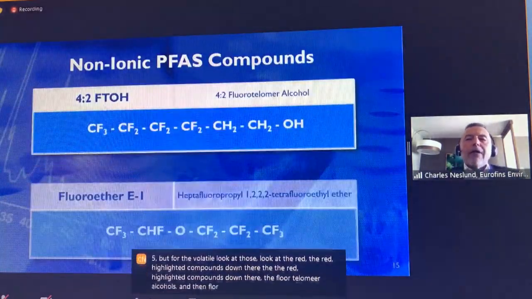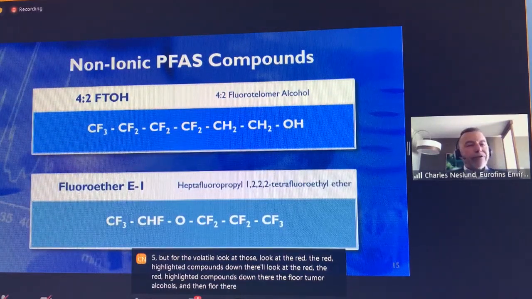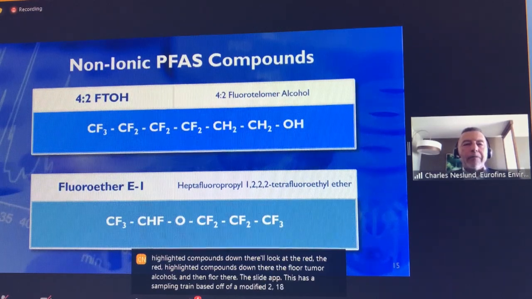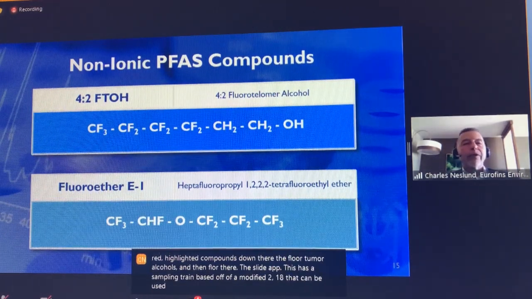The slide after this has a sampling train based off of a modified TO-18 that can be used for fluorotelomer alcohols.